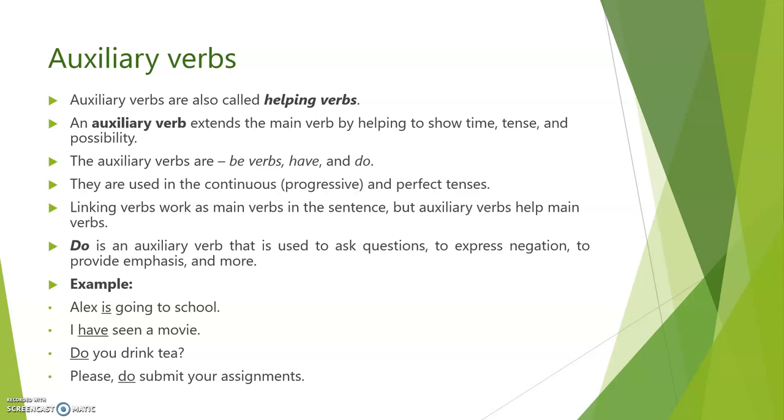They are used in the continuous and perfect tenses. Linking verbs work as main verbs in the sentence, but auxiliary verbs help main verbs. Do is an auxiliary verb that is used to ask questions, to express negation, to provide emphasis, and more.